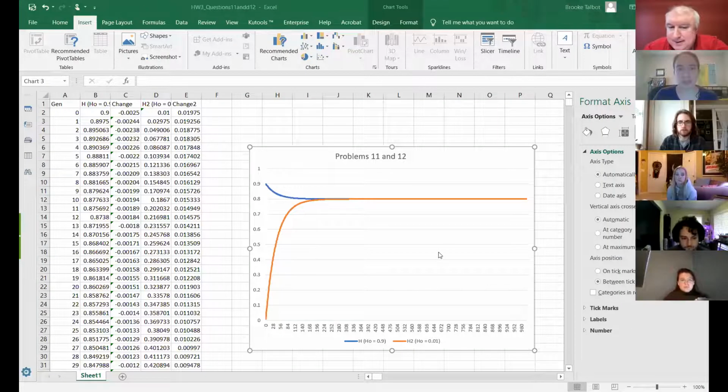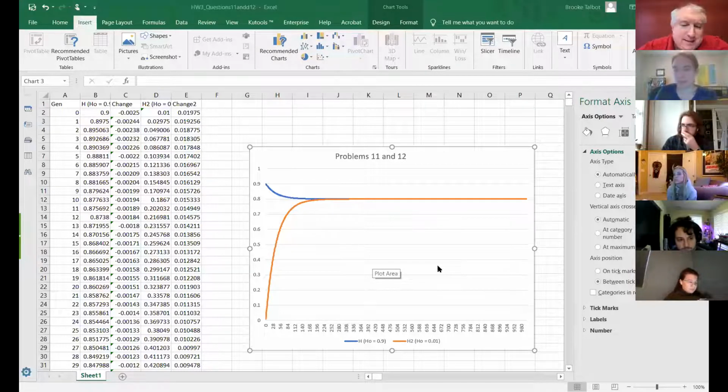I actually put 11 and 12 together because I thought they were interesting to look at together, but we'll focus on 11. Very good idea, Brooke. All right, we're doing 11 and 12.